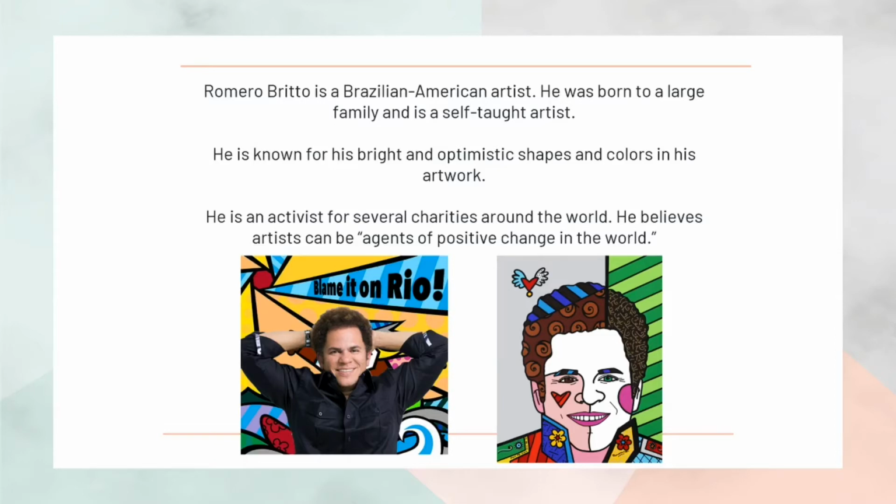He may have had art in school, but a self-taught artist means that he's someone who explored his style on his own. He is known for using bright and optimistic shapes and colors in his artwork. He is an activist for several charities around the world, and he believes that artists can be agents of positive change in the world.